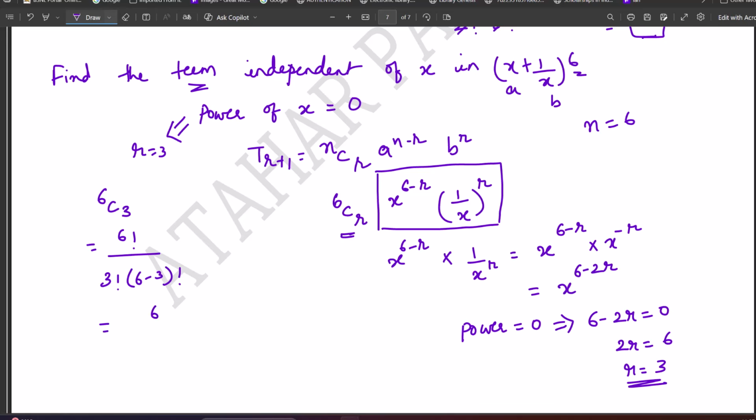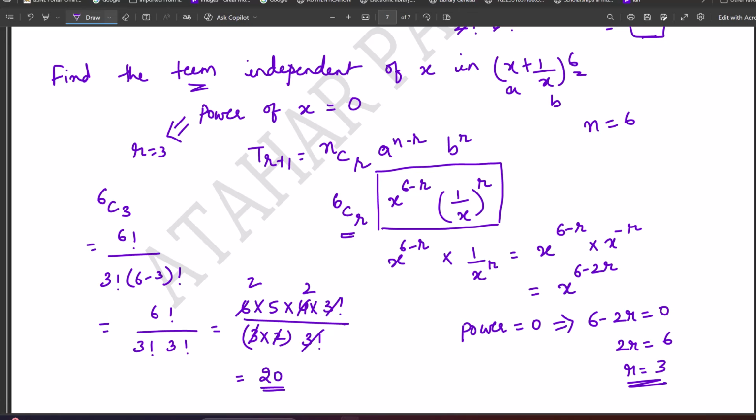So this one will be 6 factorial by 3 factorial into 3 factorial, or 6 into 5 into 4 into 3 factorial. One 3 factorial I am just expanding so that you don't get confused. So this one will be cancelling. 2 1s are 2, 2 2s are 4, 3 1s are 3, 2 3s are 6, 5 2s are 10, 10 2s are 20. So 20 is the term which is independent of x now, because we put x power as 0 here.